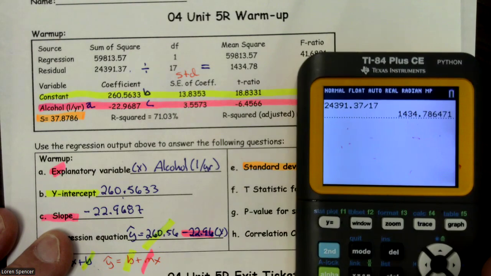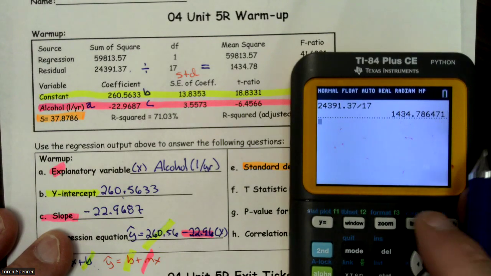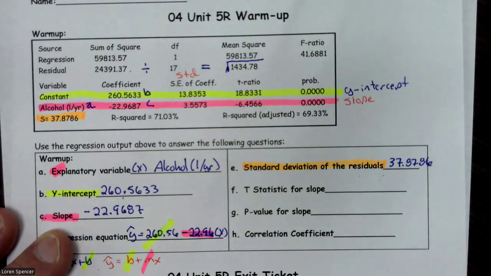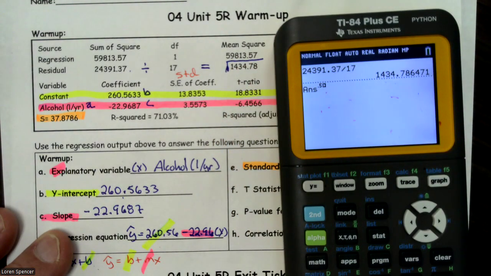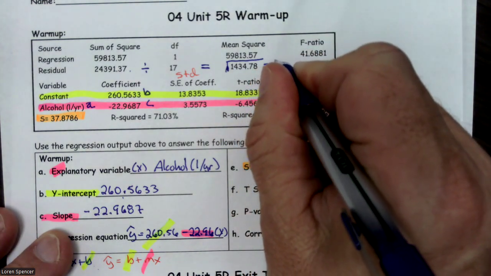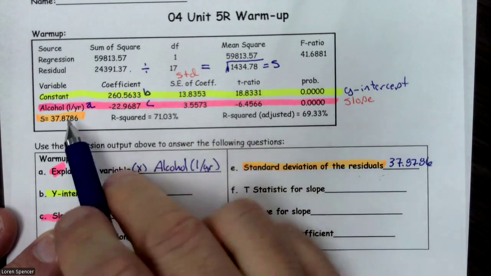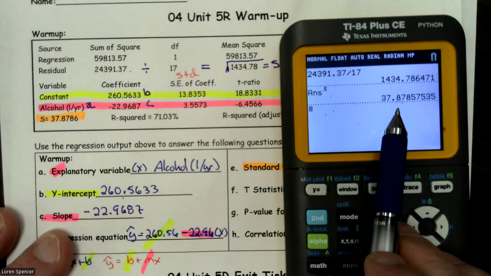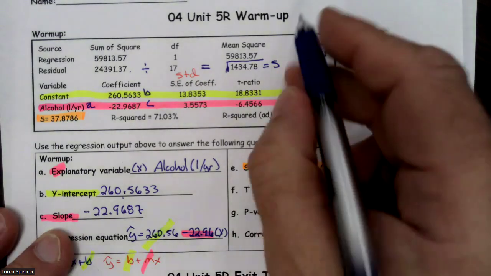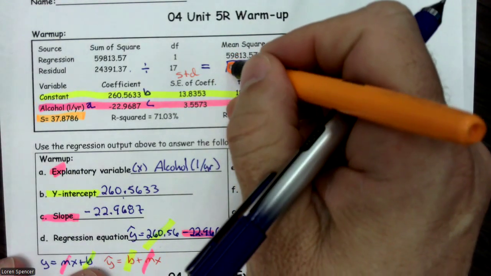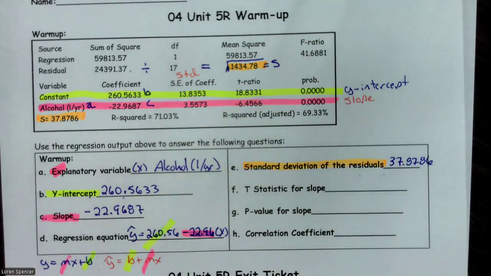What happens if I take the square root of that, which I do by raising to the half power? I end up getting S, the standard deviation of the residuals, 37.87. So taking the square root of that gives me the standard deviation of residuals, and I wanted to point that out to you guys.